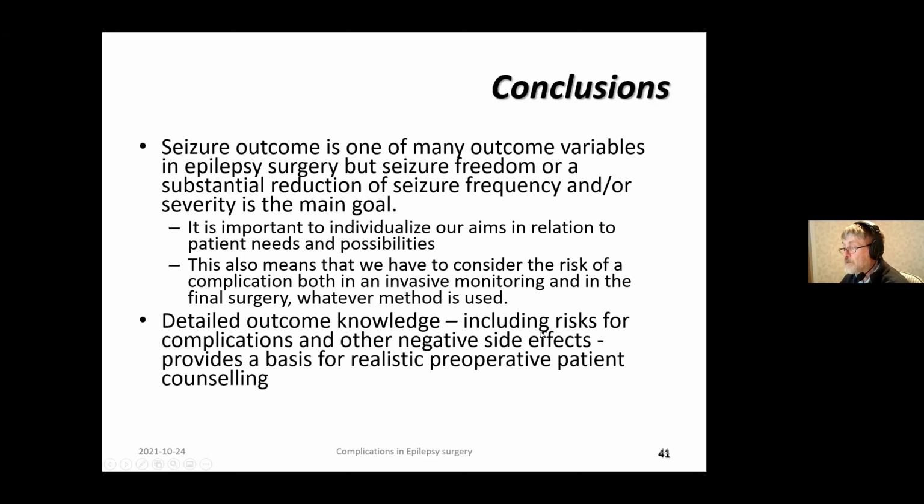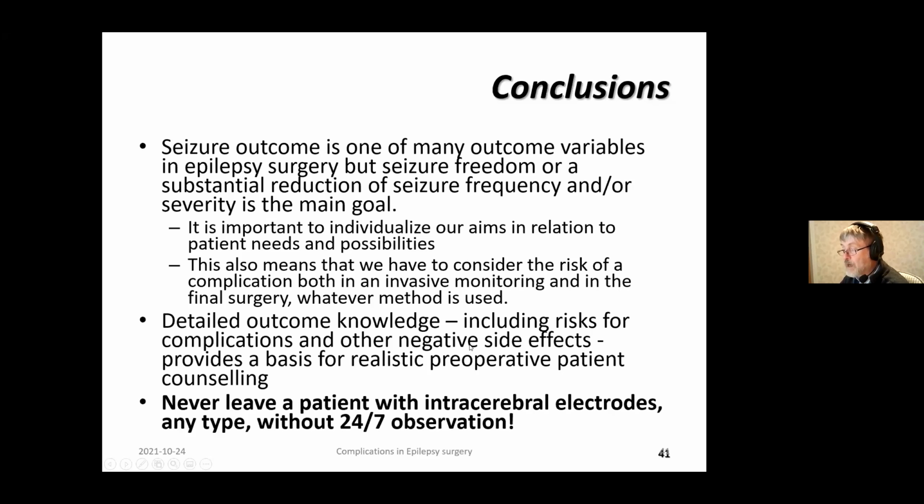So detailed outcome knowledge, including risks for complications and other negative side effects, provides a basis for realistic preoperative patient counseling. And finally, never ever leave a patient with intracerebral electrodes, whatever type, without 24/7 observation. Thank you so much.